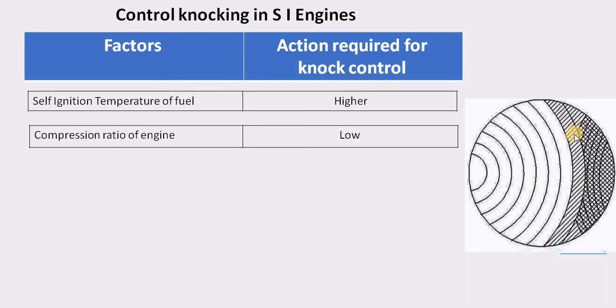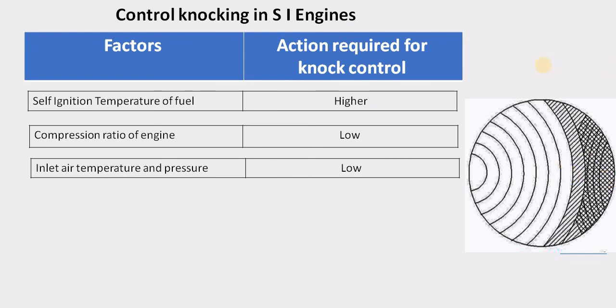Second parameter is compression ratio. When we decrease the compression ratio, the temperature inside will be lesser, and when the temperature is lesser, the end mixture will require more time to reach the self-ignition temperature, and therefore the probability of knocking will be lesser.